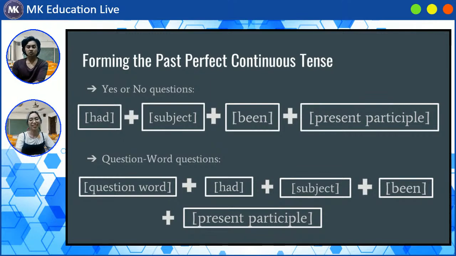Now the question word questions, where again you expect to get a lengthy answer: you start with a question word, had plus subject plus been plus present participle. Okay, remember that. For past perfect tense, we use the past participle, and for the past perfect continuous tense, we use the present participle and an additional been in between the had and the present participle.